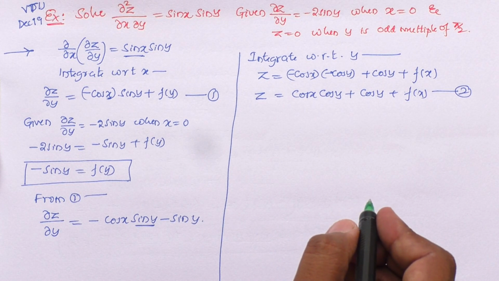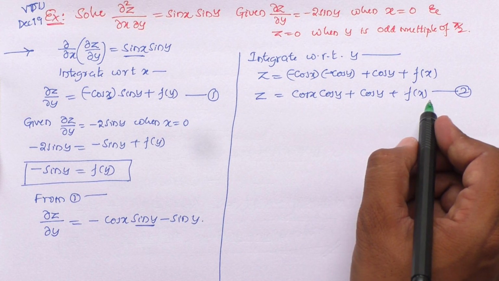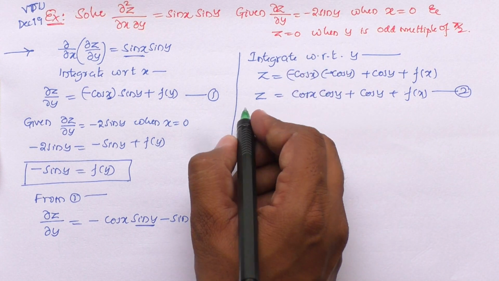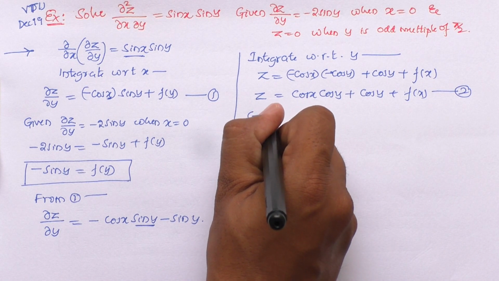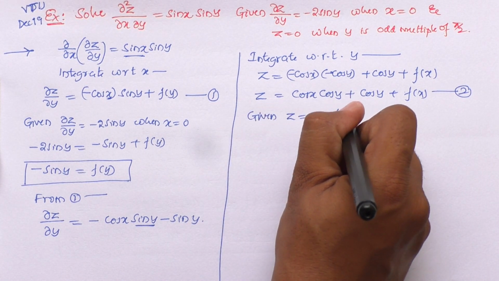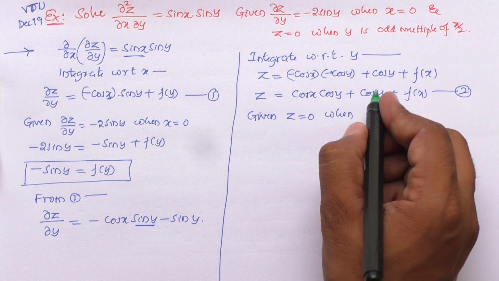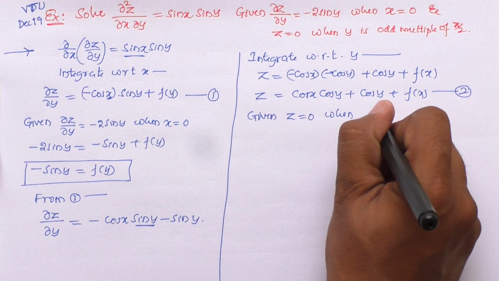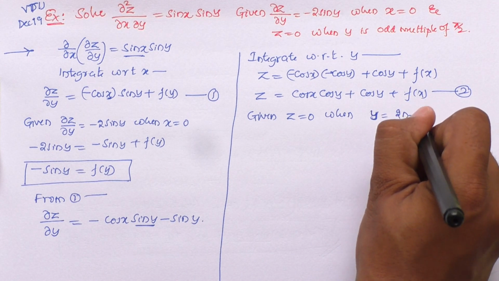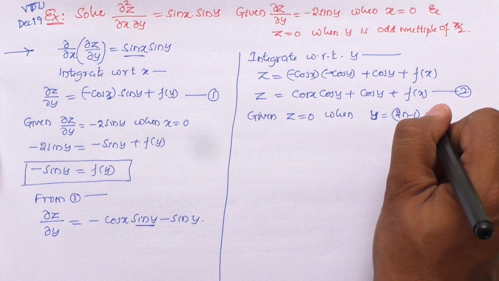Once you get this, go for applying the condition. It has been given that z is 0 when y is an odd multiple of pi by 2, that is, 2n minus 1 multiple of pi by 2.